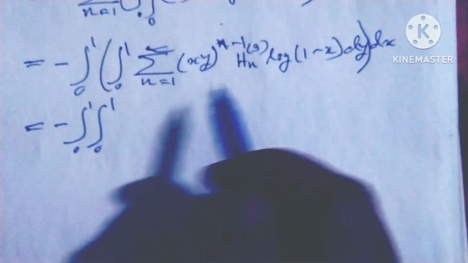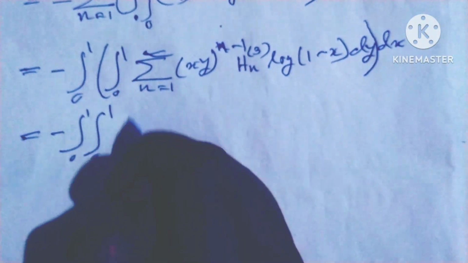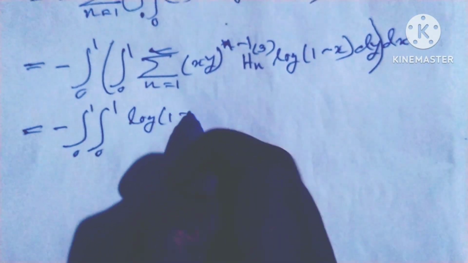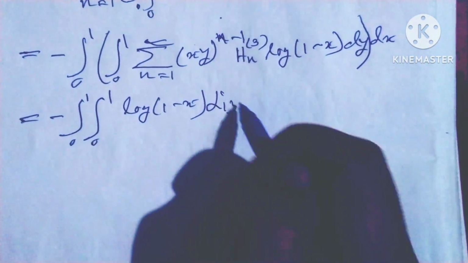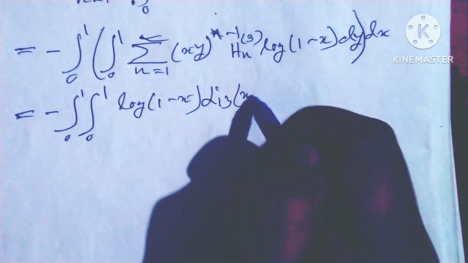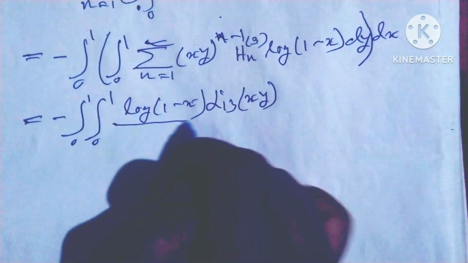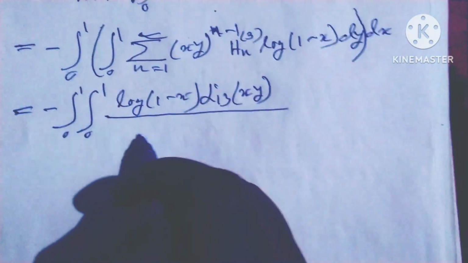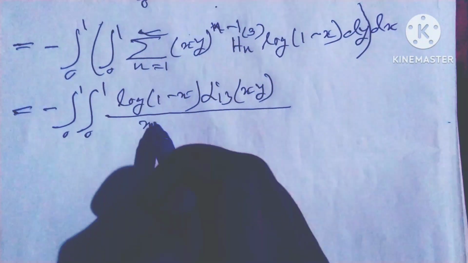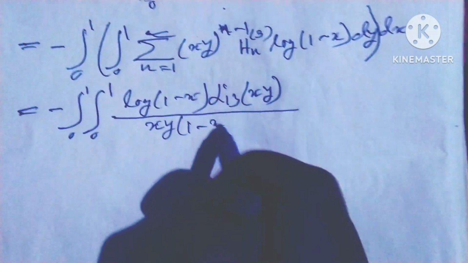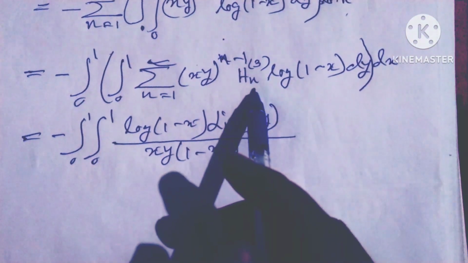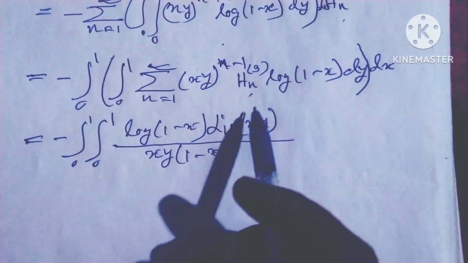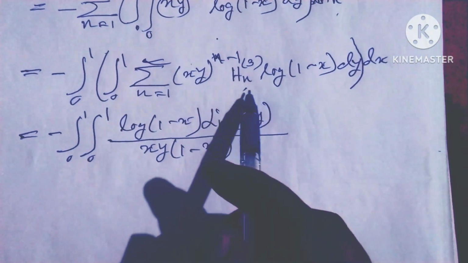1. This portion can be written as log of 1 minus x, Li3(xy) divided by xy times (1 minus xy). I think I can clear up H_n by H_n cubed.